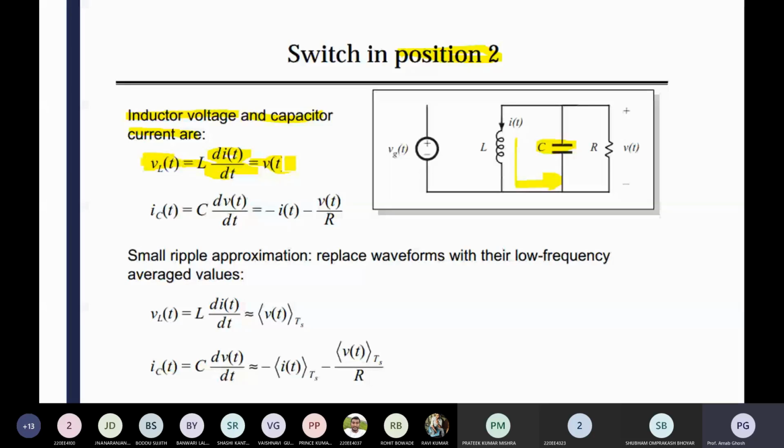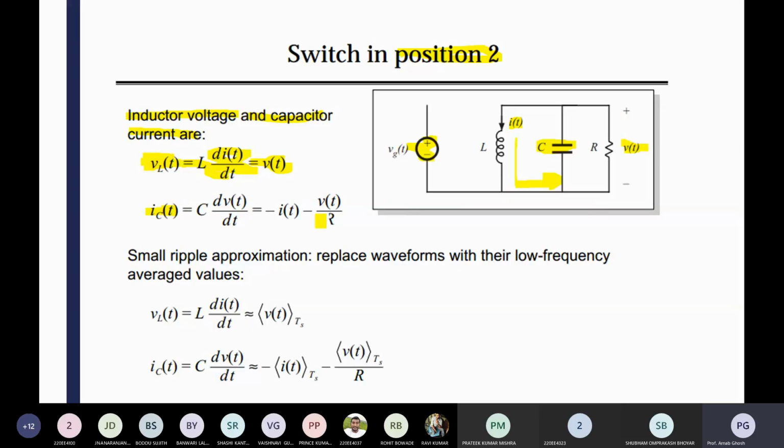Basically, switch off means your input voltage is out of the circuit, so it is open. Now the inductor voltage VL is in parallel with the output voltage Vt. And the capacitor current IC equals what? The inductor current equals the capacitor current plus the output current. So you can say it like that.